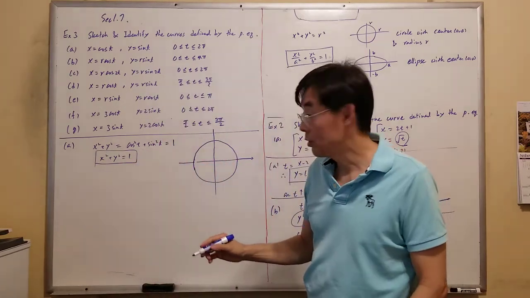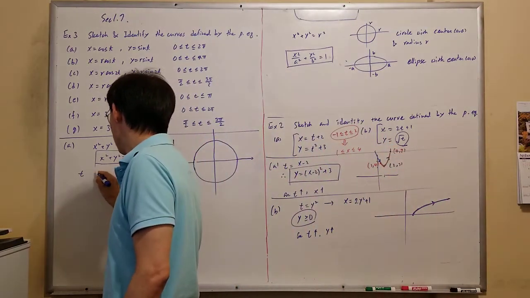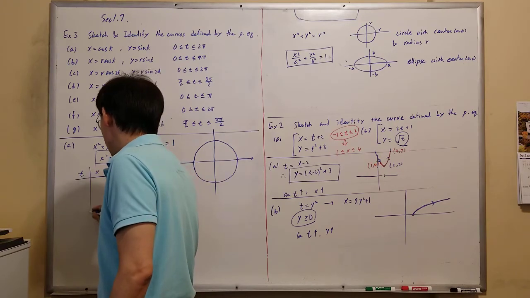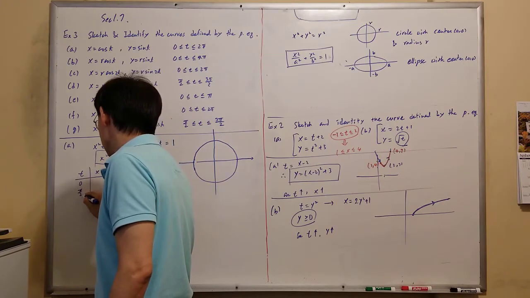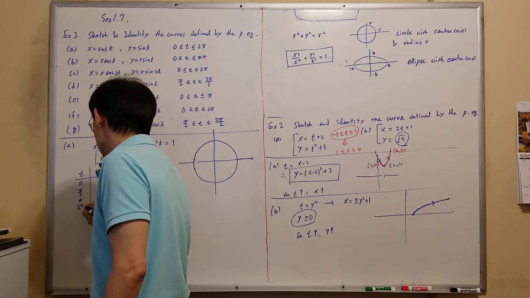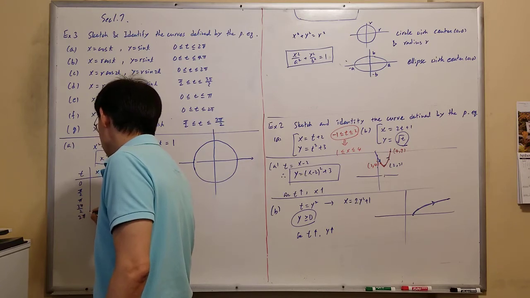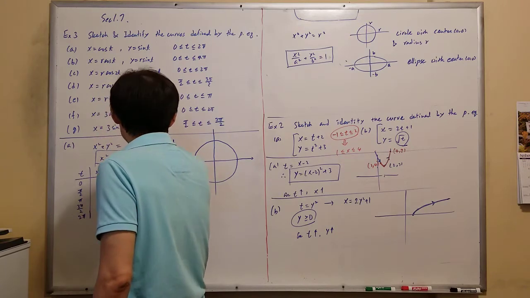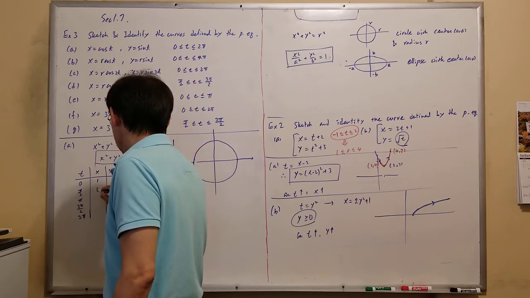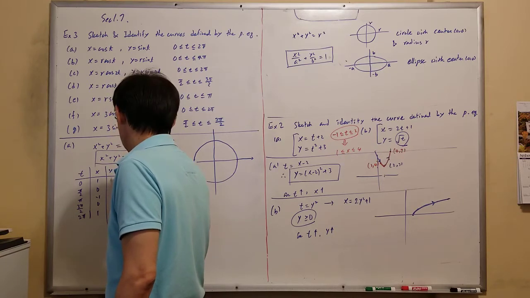When t equals 0, pi over 2, pi, 3 pi over 2, 2 pi, your x equals cosine t will be 1, 0, negative 1, 0, 1. y equals sine t: 0, 1, 0, negative 1, 0.